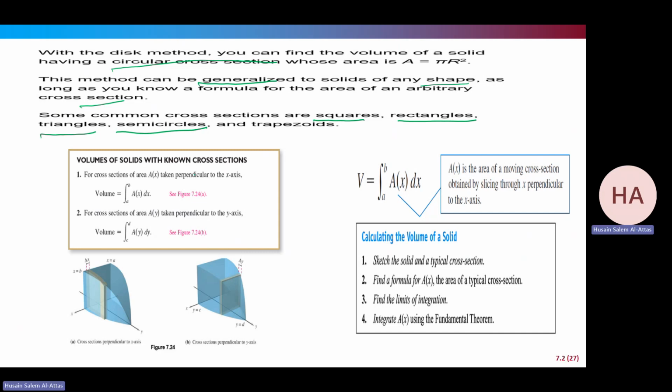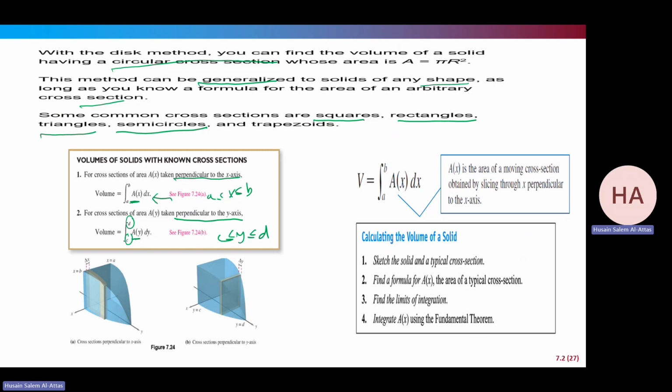For cross sections taken perpendicular to the x-axis, I have everything in terms of x. For the y-axis, I make it in terms of y, with c and d in terms of y. I have y between c and d; here I have x between a and b.